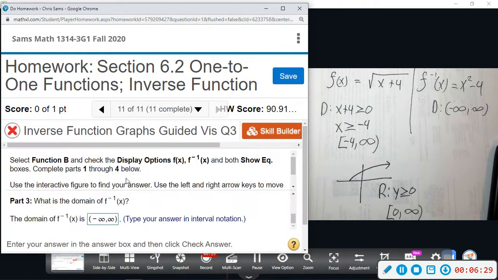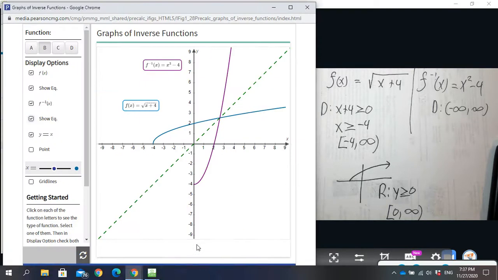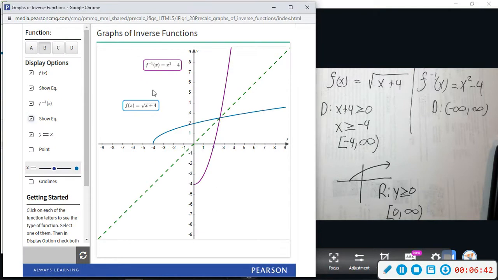Incorrect. The domain of f inverse. We just had x squared. Let me go back and make sure I'm not missing something. Oh, it's not x squared. We're restricted. It's not x squared. Okay, so domain is from 0, based on this picture, to positive infinity. So we don't go past the negatives.